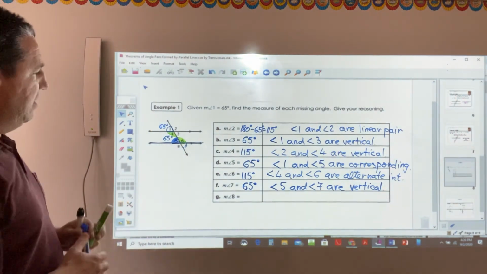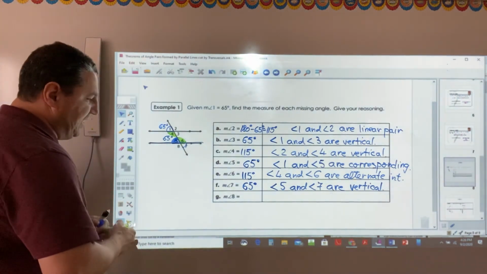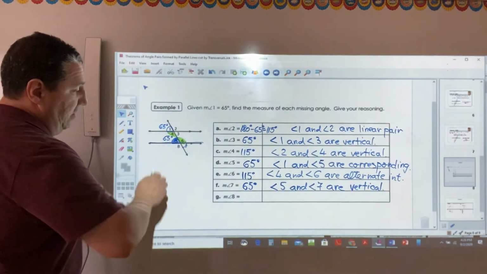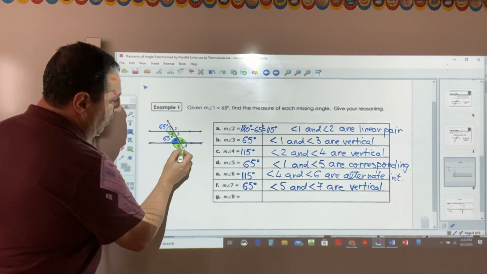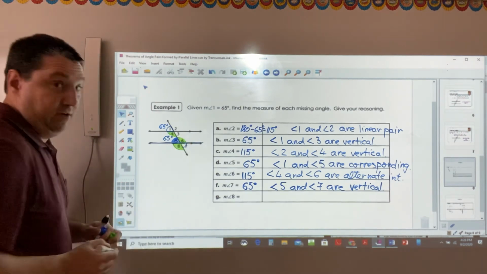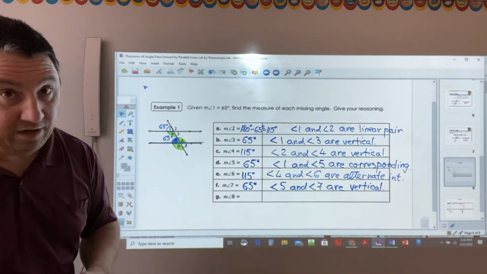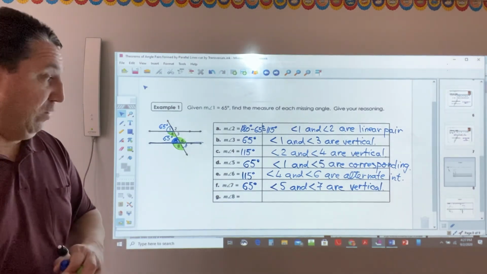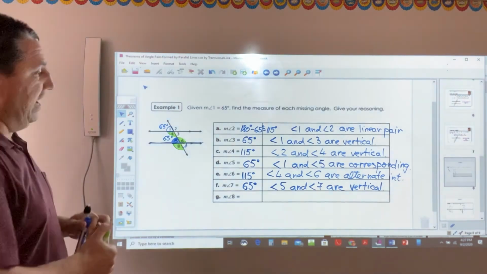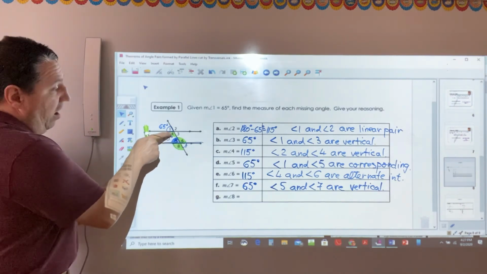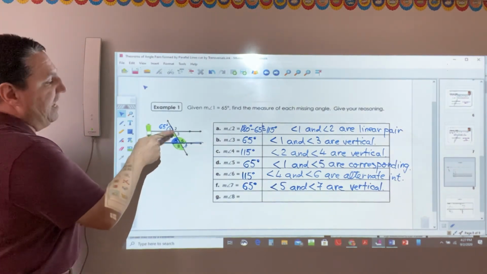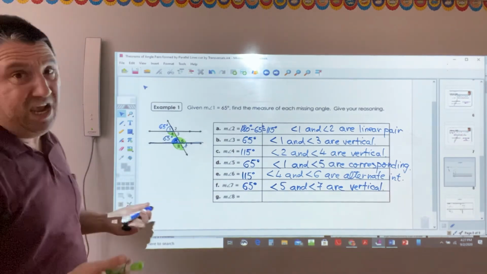And the last one, angle 8. Angle 8 and angle 6 are vertical angles. That's why they are congruent. Or, as we can see, angles 4 and 8 are corresponding because they are in the same location.